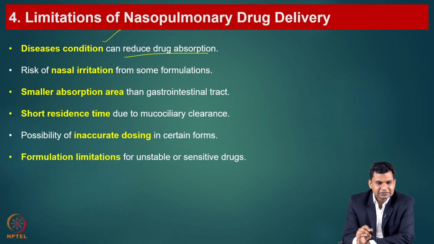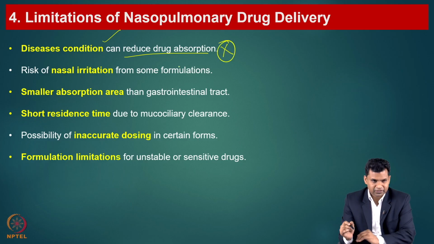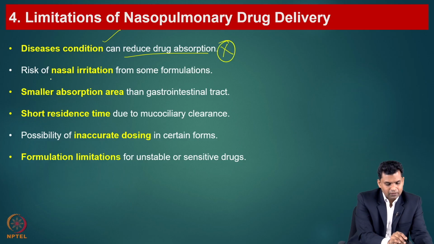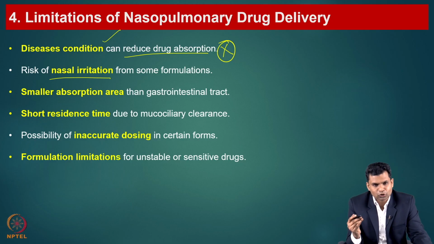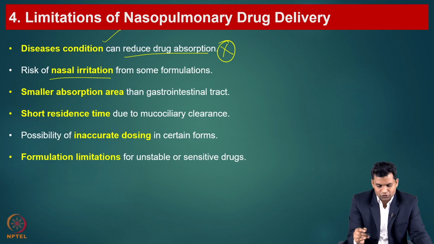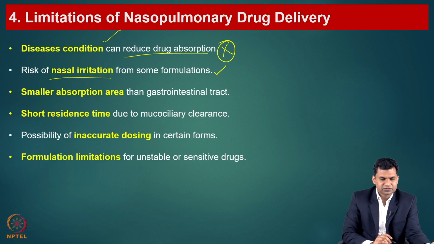And with nasal infectious diseases or inflammations, we cannot go ahead with nasopulmonary routes. And nasal irritation is possible because mucus is there and you cannot give high concentrations of surfactants. So, that is one of the limitations for nasal drug delivery systems, because your formulation, drugs or excipients may irritate your nasal mucosa.